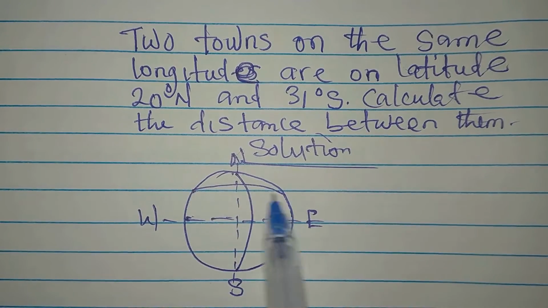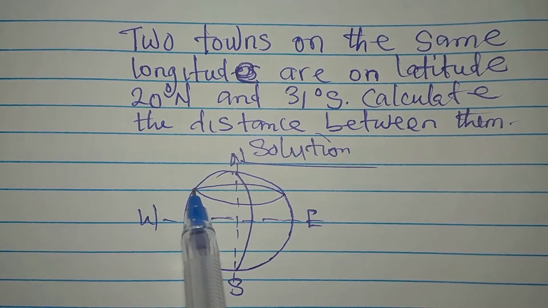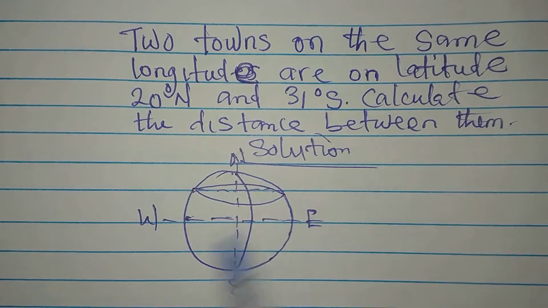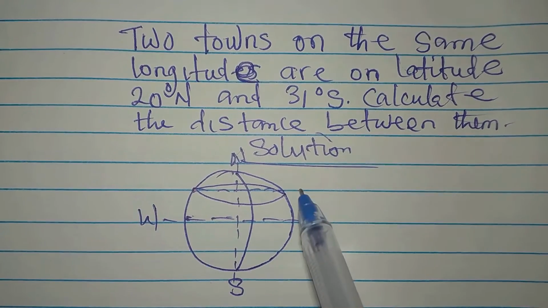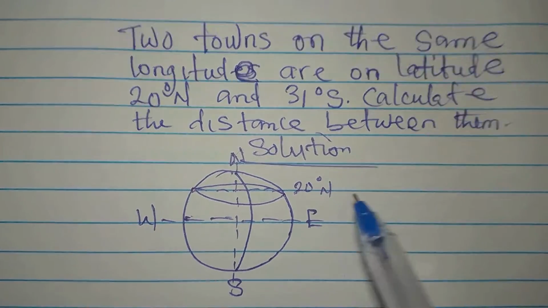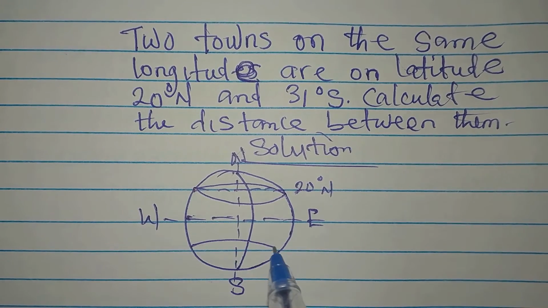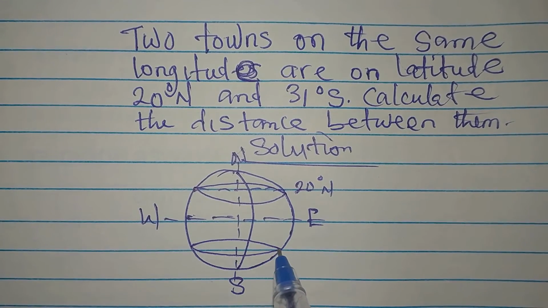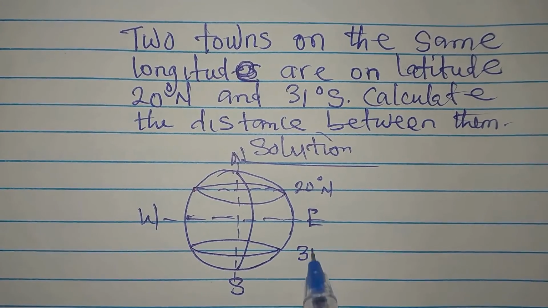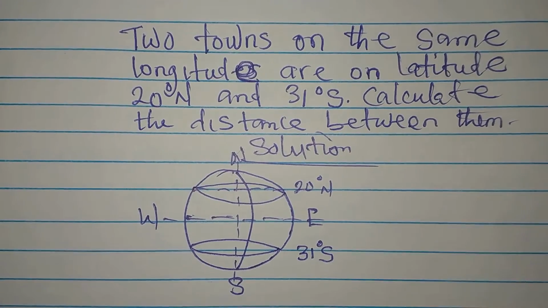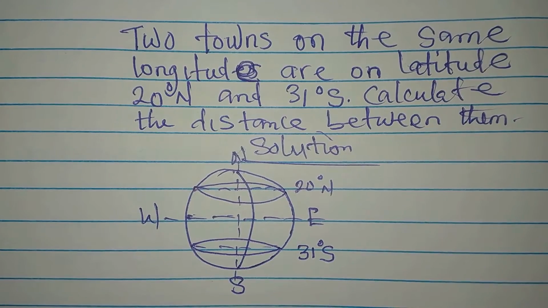Let's get a line of latitude here. This is a line of latitude, right? Now, this is towards the north, so let's call this 20 degree north. Then we have another one from here, because this is towards the south, and we are given 31 degrees south, meaning that it is going towards the south, right?